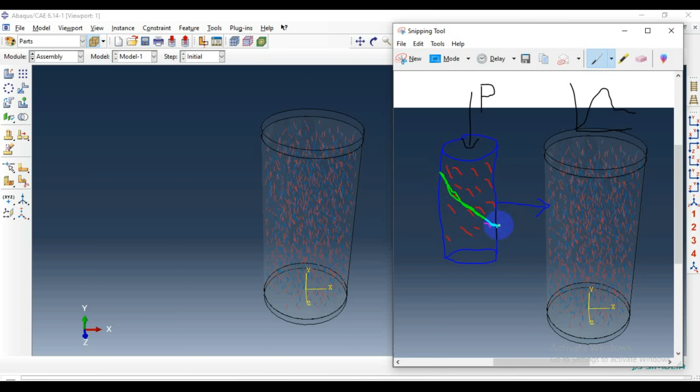In a similar manner, if the fibers are oriented in this direction, then I'm going to obtain a complex failure mechanism here. If all the fibers are in this direction, then it's going to split in the middle here.